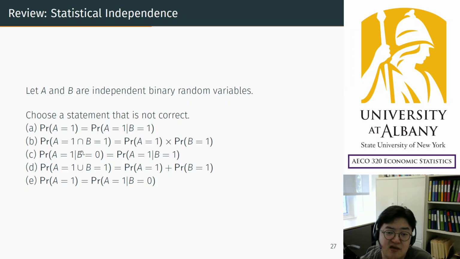Then the answer is D. D is incorrect. It is the special addition rule, which is true under mutual exclusiveness. It has nothing to do with independence. So D is the answer.